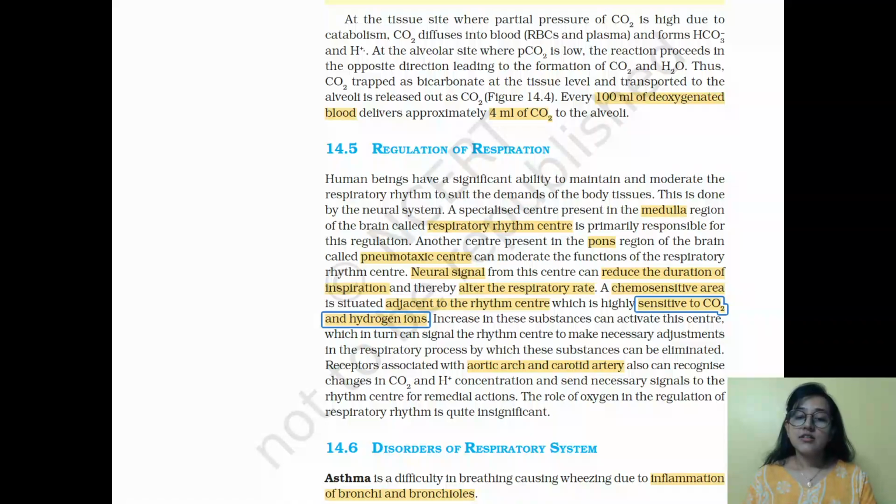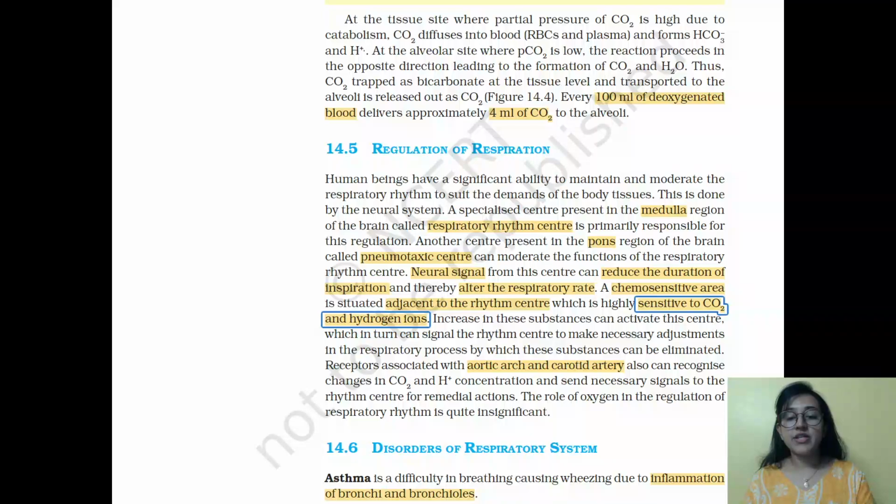So, in the neural system, there are specialized centers which regulate respiration. A specialized center present in the medulla region of the brain, called the respiratory rhythm center, is primarily responsible for this regulation.